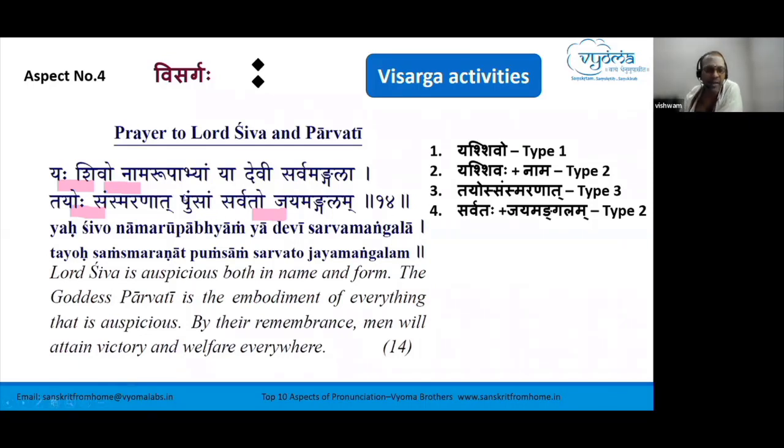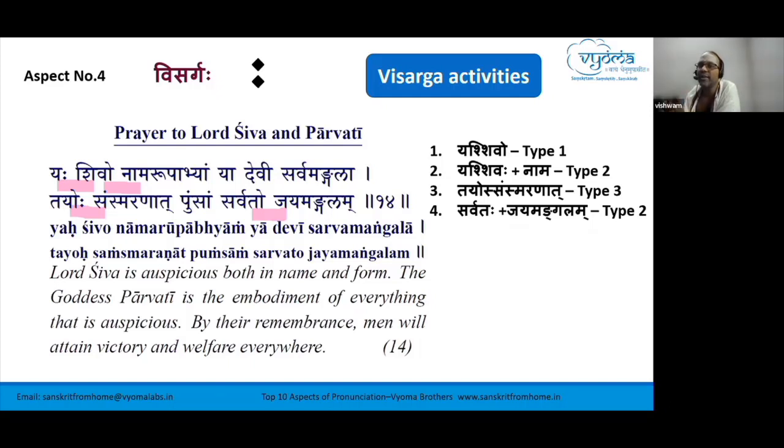So first one, Yaha Shivo: when we pronounce it together in one breath, Yaha Shivo would become Yashivo. Similarly, Yaha Shivaha Nama will become Yashivo Nama Rupabhyam.